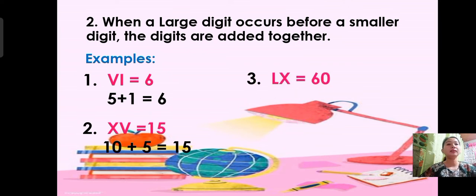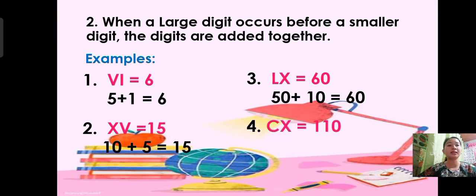The third one, Roman numeral L and X, its value is 60. We also add it together because the value of the Roman numeral L is larger than the value of Roman numeral X. So we get the value of 60.